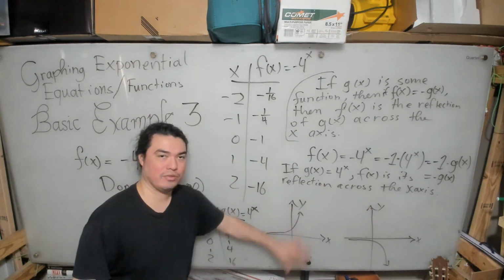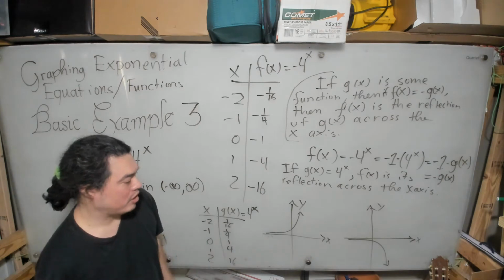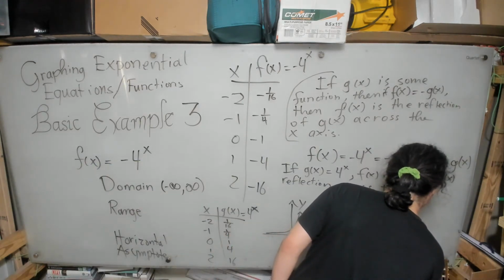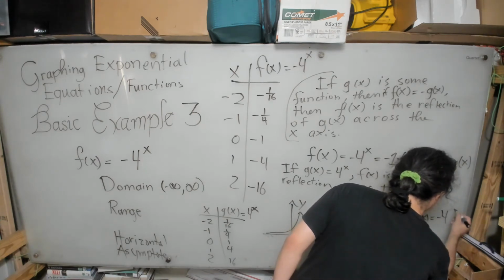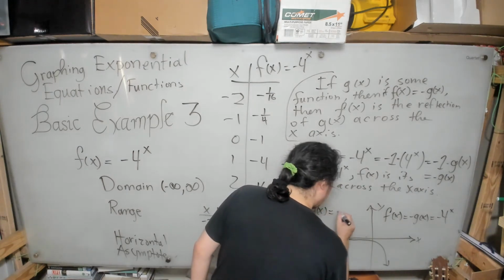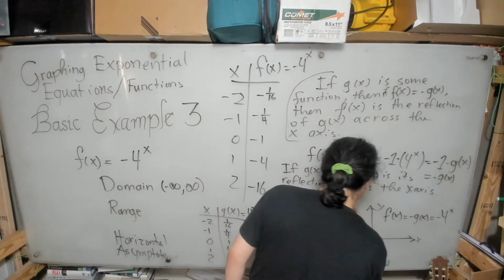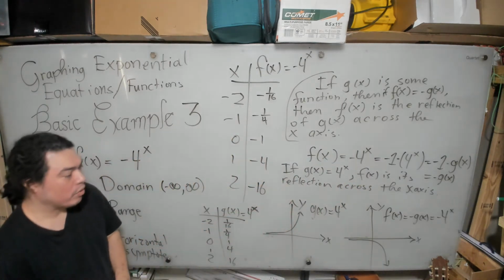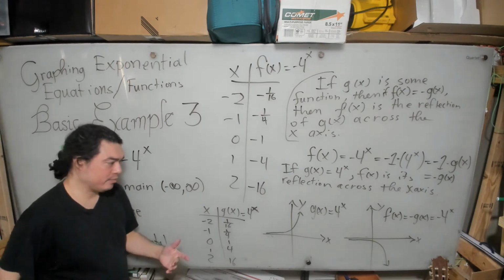It should be identical to this one, just flipped over. If I had a transparency, we could make that happen. And so in this case, this is f of x equals negative g of x, or negative 4 to the x, and here this one was g of x equals 4 to the x power, where f of x is the reflection across the x-axis.